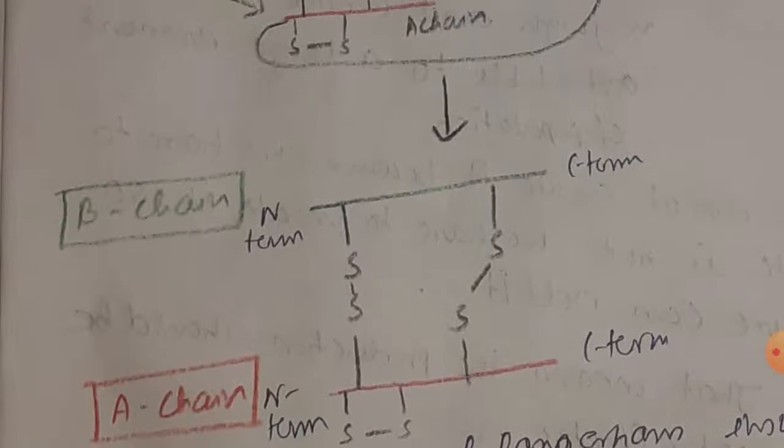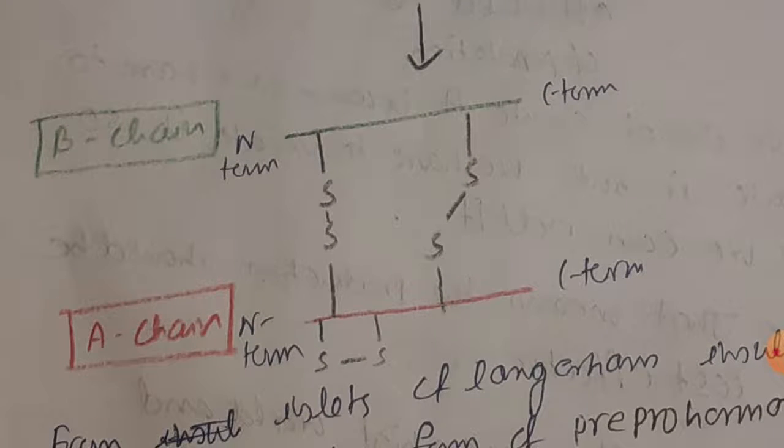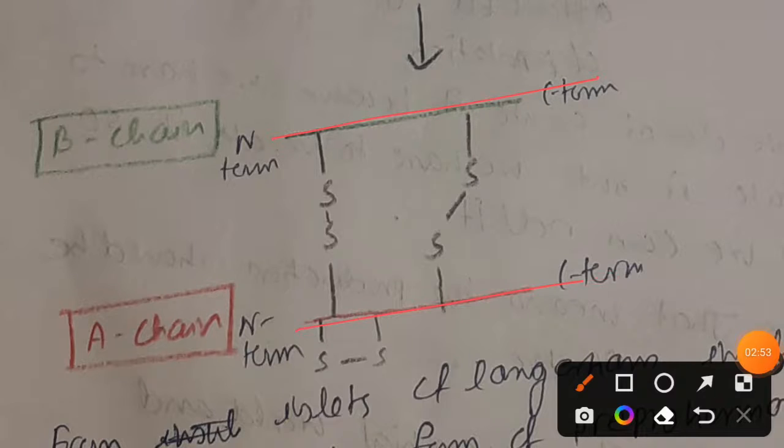If we look at the structure of active insulin, it contains a B chain and an A chain joined together by two disulfide bonds, and there is also another one within the A chain. That is the active form of insulin.